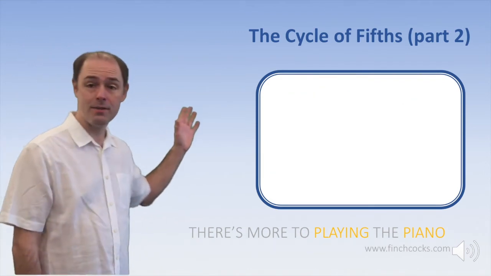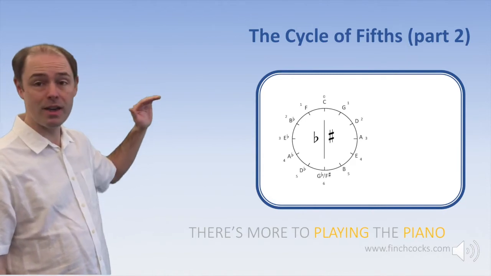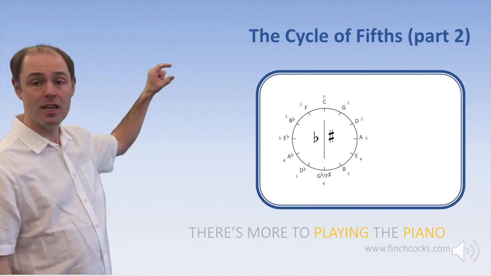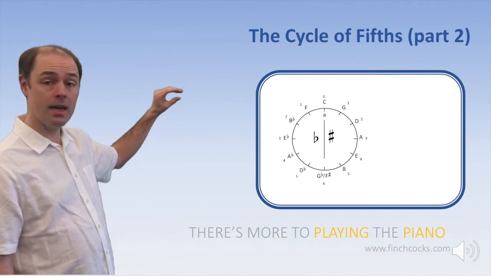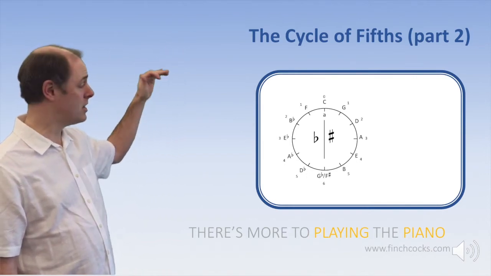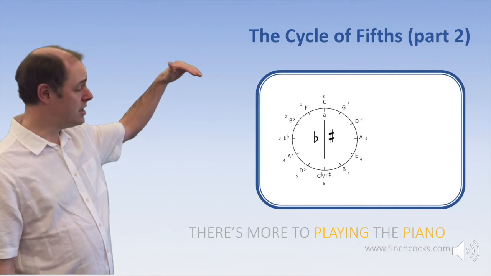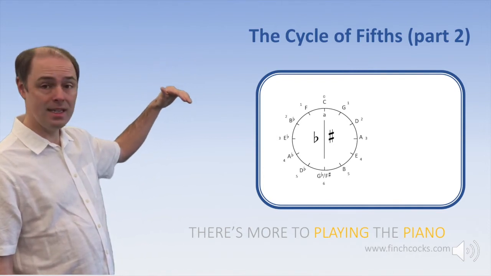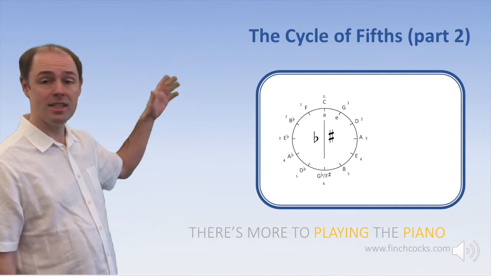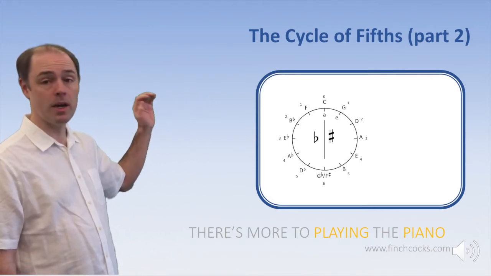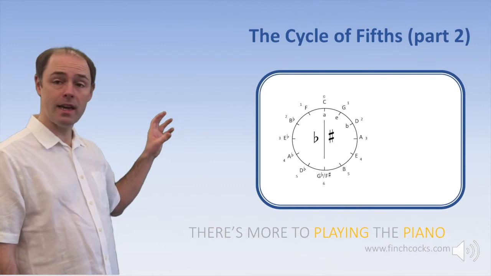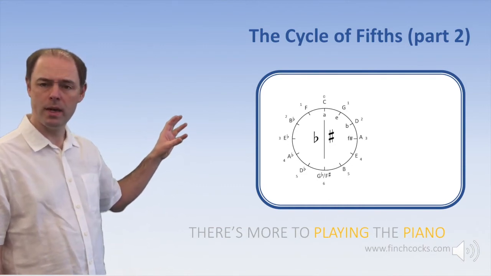So here's the cycle of fifths, and here are the relative minors. So C major is related to A minor. C, B, A. I've gone down a third. Moving to G. G, F sharp, E, counting down the scale. G is related to E minor. D major is related to B minor. A major is related to F sharp minor. Why F sharp?